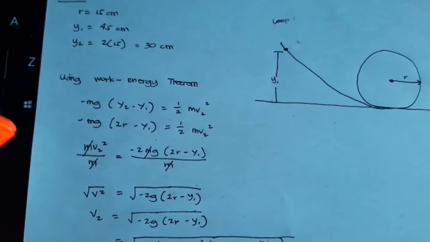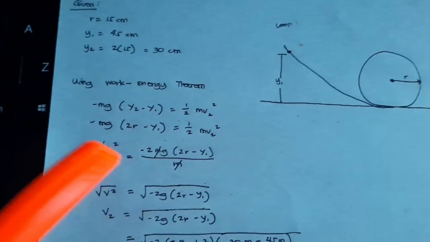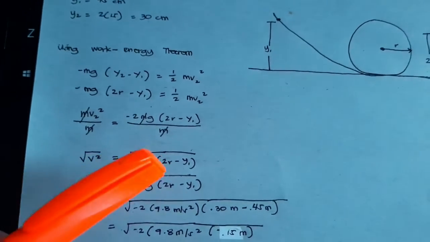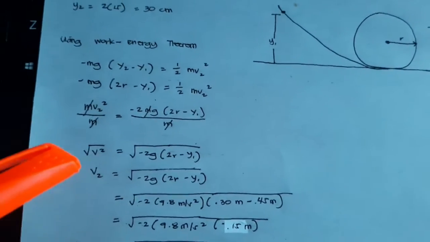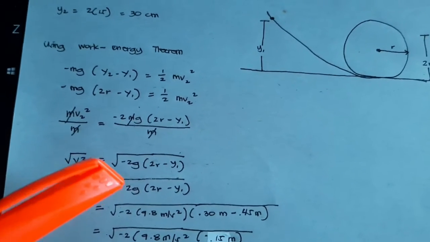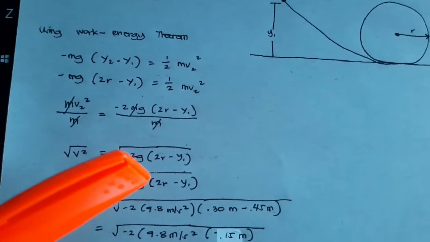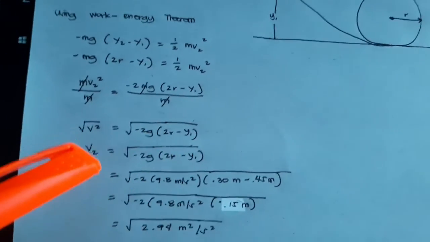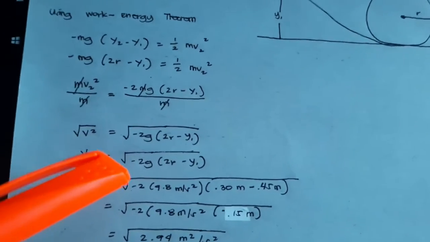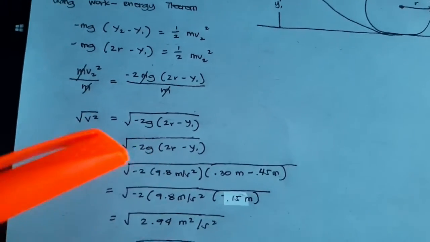So for negative mg, we substitute for y2, which is 2r, then minus y1 is equal to 1/2 mv squared. We cancel m on both sides, then we come up with this equation. Then the square root of v squared is equal to the square root of negative 2g times the quantity 2r minus y1. So v2 is equal to the square root of negative 2g times the quantity 2r minus y1.